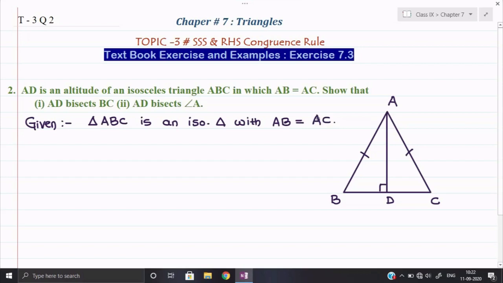One thing, and second thing we have given that AD is perpendicular to BC. AD and BC are perpendicular.